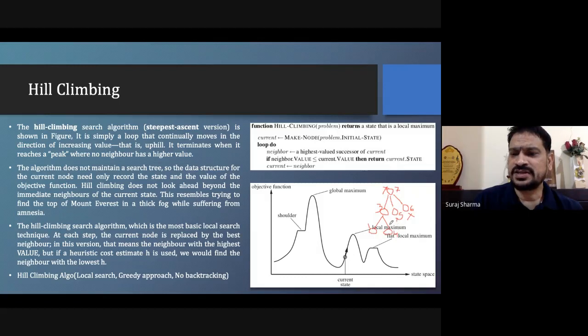So I'll just remove this from memory. Now I have only this current value. If I go further, let's say we get these values, one with value 1 and this one with value 2.